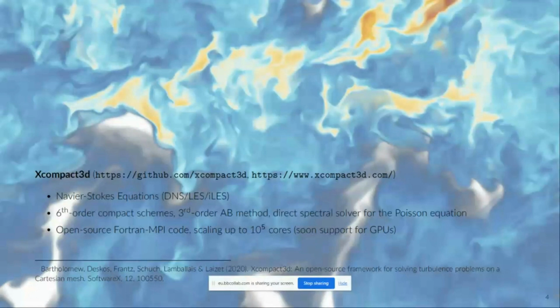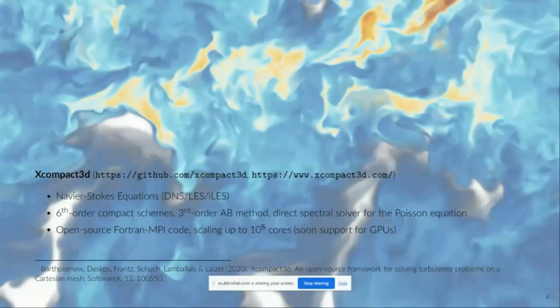XCompact 3D can work either in a direct numerical simulation mode where there is no turbulence model, or in this case, where we have atmospheric flows, we are using turbulence models, and we do large eddy simulations. Now, XCompact 3D scales with up to 100,000 cores, and soon it will be supporting GPUs as well.